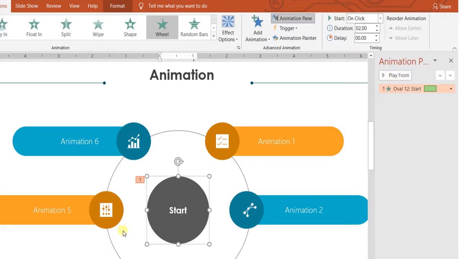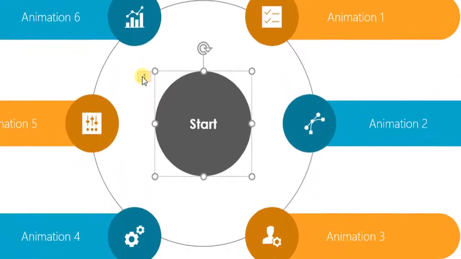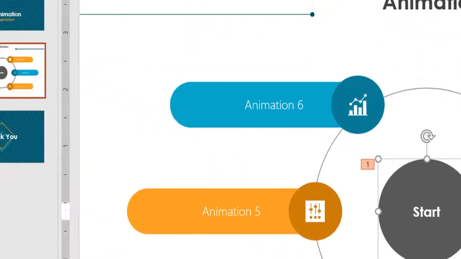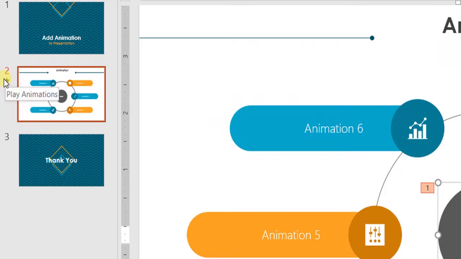One interesting thing that you might have noticed is it's showing a small one over here. This is basically showing you the sequence in which your animations will play out. So there are a couple of things that just happened behind the scenes that you might have not noticed. One is this one, and the other one is you can see this small star appearing right beside your slide.